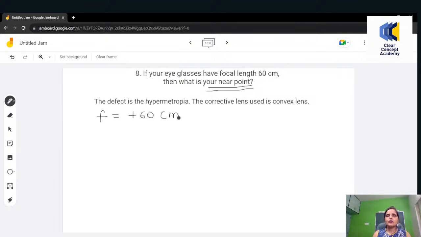In case of hypermetropia, the near point of the healthy eye is treated as the object distance. By means of Cartesian convention, the object is always kept to the left of the mirror or the lens, and any distance to the left of the mirror or the lens is taken to be negative. Therefore, here the object distance, which is 25 centimeter, will be treated to be negative. So object distance is equal to minus 25 centimeter.